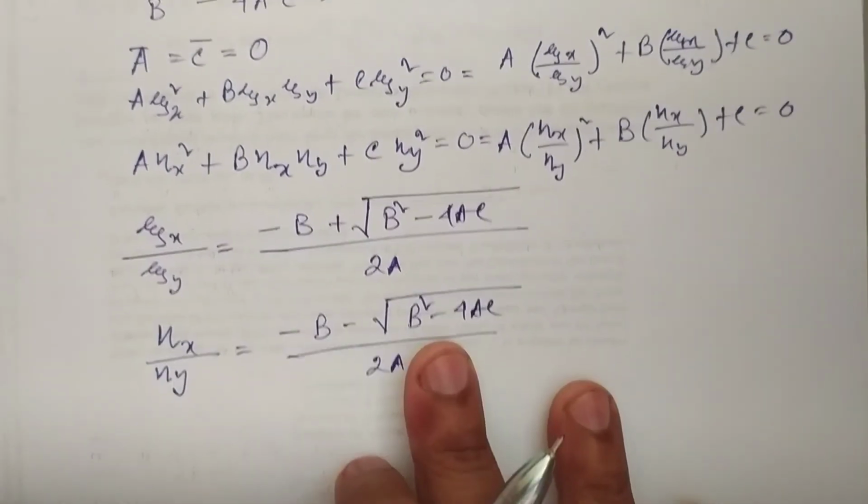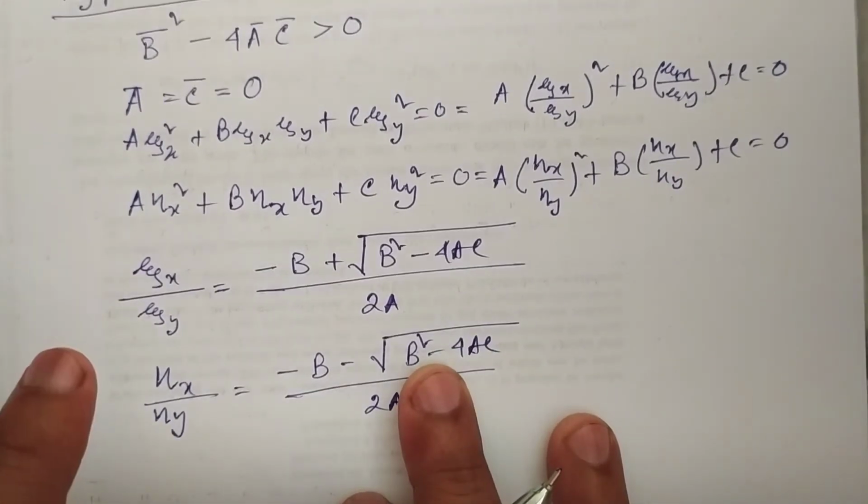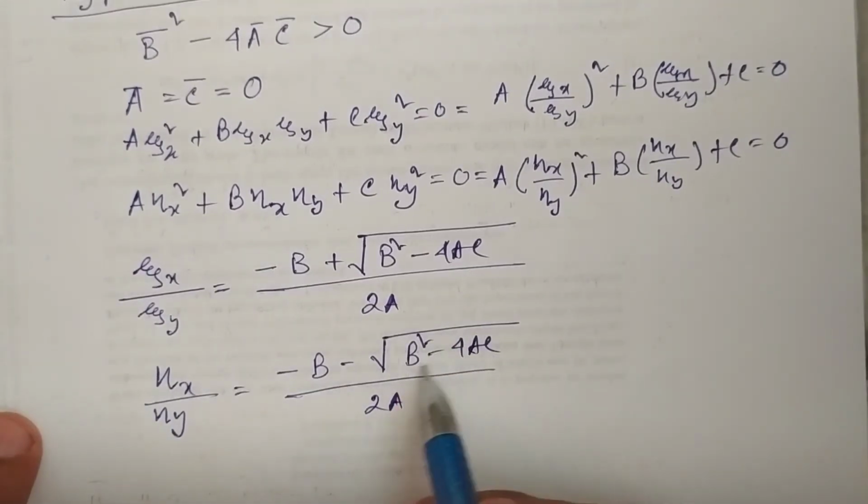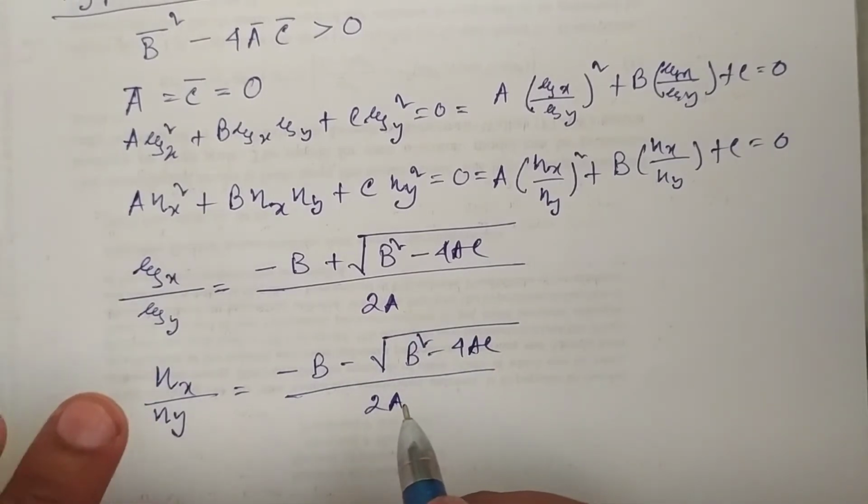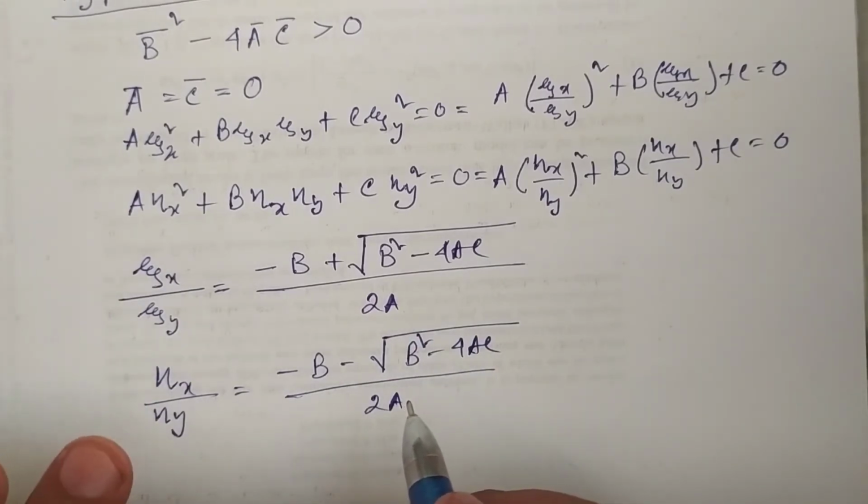As we have taken a hyperbolic equation, this part is positive, so we have two distinct real solutions.